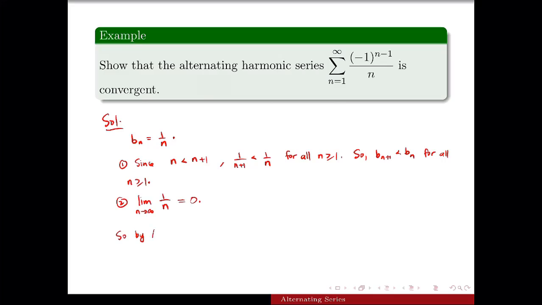So by the alternating series test, the alternating harmonic series, negative 1 raised to n minus 1 over n, from 1 up to plus infinity, is convergent.